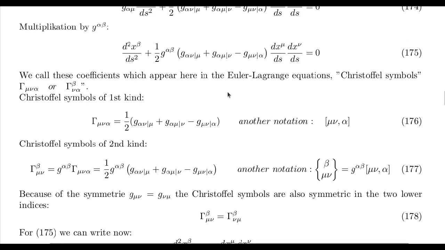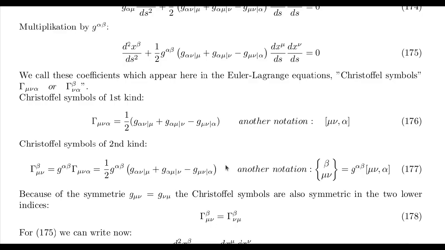Then, if we multiply this contravariant G tensor here in 175 to the Christoffel symbol of the first kind, then obviously we have, instead of 3 covariant indices, 1 contravariant index at the gamma here. And then we have here an additional G tensor in this expression, and this is called now a Christoffel symbol of the second kind.